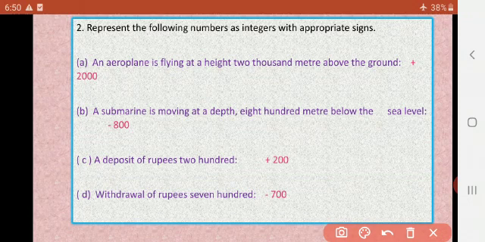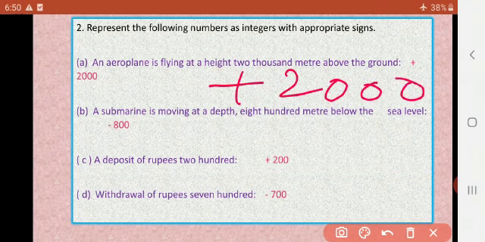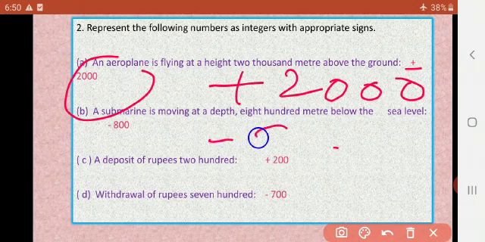Above ground means it should be positive, so it is positive 2000. Plus sign is here, so it is plus 2000. A submarine is moving at a depth of 800 meters below sea level. It is below, so it will be minus 800. Okay, that is how you use plus and minus.